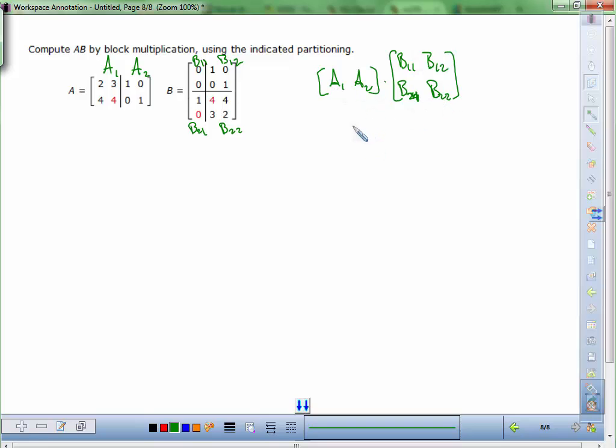So what's my result going to be if I just do a matrix multiplication here?